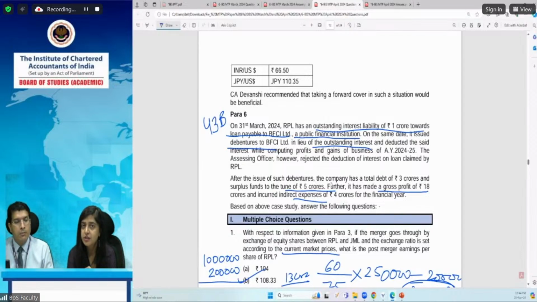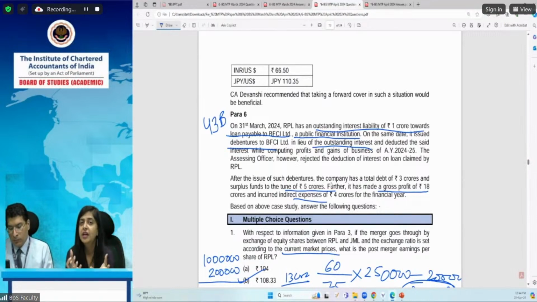As per section 43B, certain expenditure is allowed as deduction only and only on an actual payment basis. What does it mean? If you have followed the mercantile system of accounting, then your expenditures are allowed on a due basis. But there are certain expenditures mentioned under section 43B that would be allowed only on actual payment basis. It means if you have actually paid for that expenditure, then only it will be allowed.